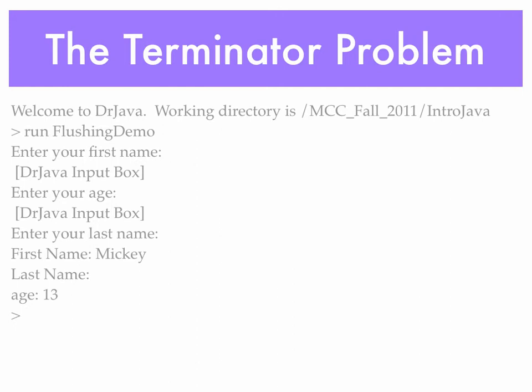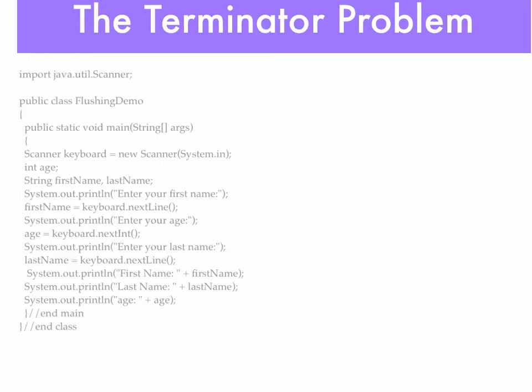So here, as we look back at that code, we see that I asked for the first name, and a string was grabbed, put into the space firstName. I then entered an int. The int was grabbed and put into age. But the read head sat right after the int, right on the return that the user entered.